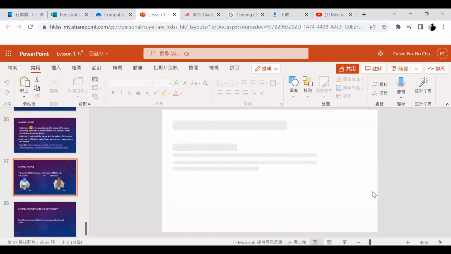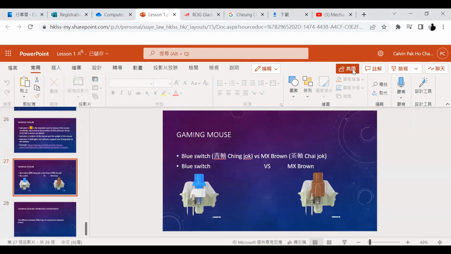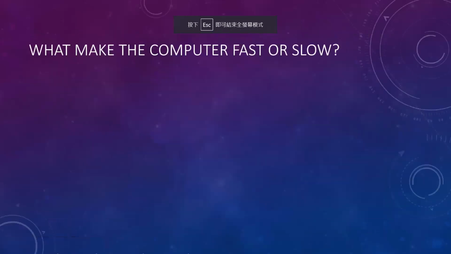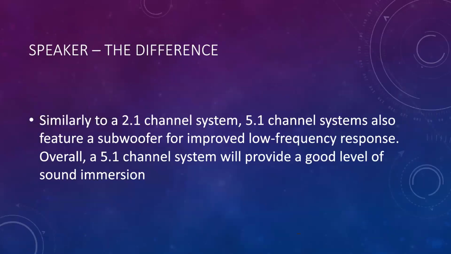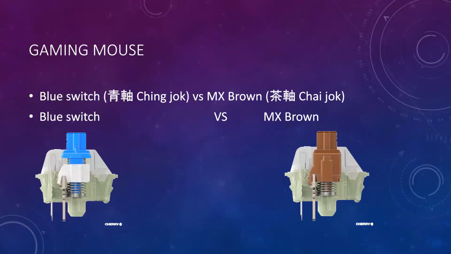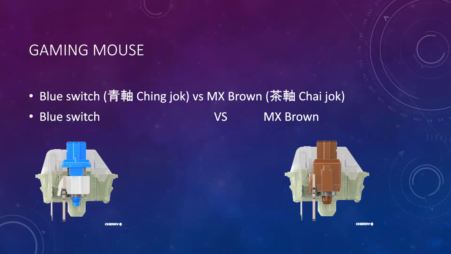The differences between the blue switch and the MX brown. Hey, what happened? Yes, this page. So there are sound differences between each other for the gaming mouse and the gaming keyboard.